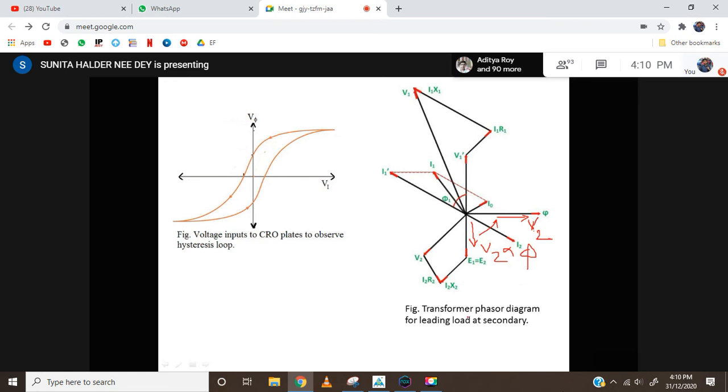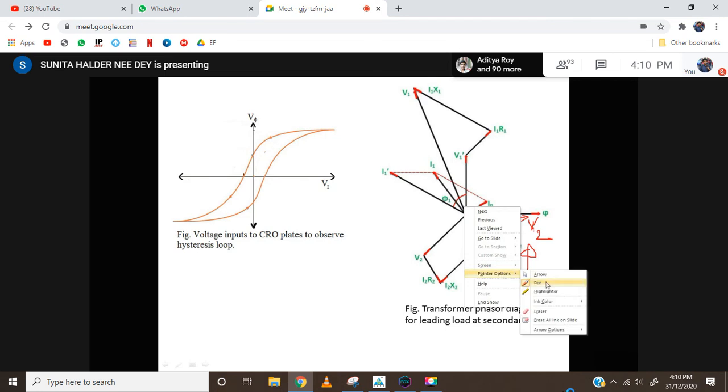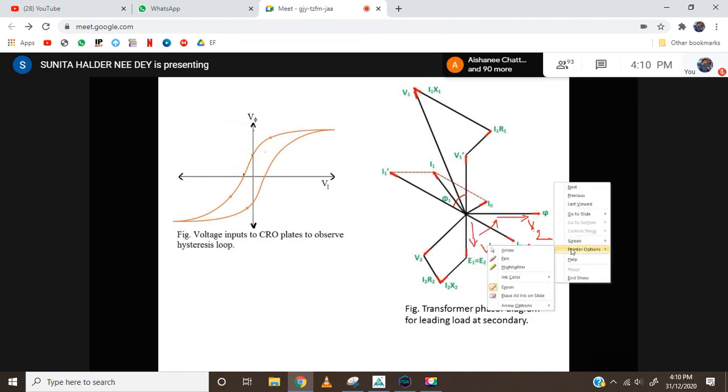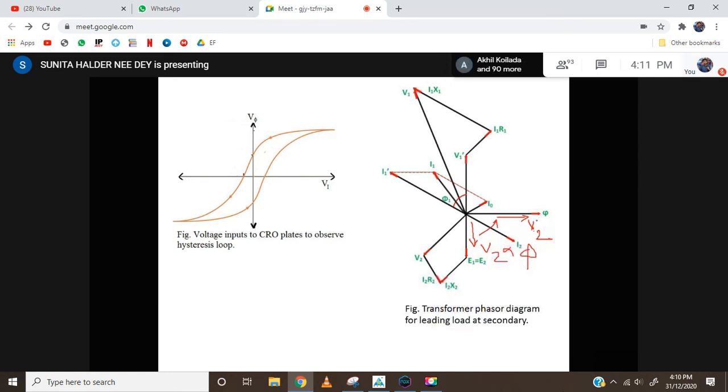Understood? Yes, ma'am. So only the voltage is not necessary; along with that, its phase is also important. So actually we need a voltage which will be 90 degrees leading from V2. So a 90 degree phase shift is required. That's why the 90 degree angle is important.